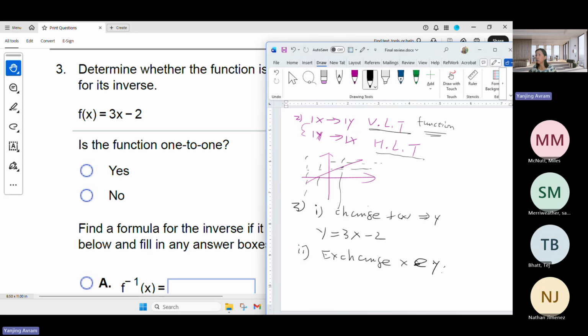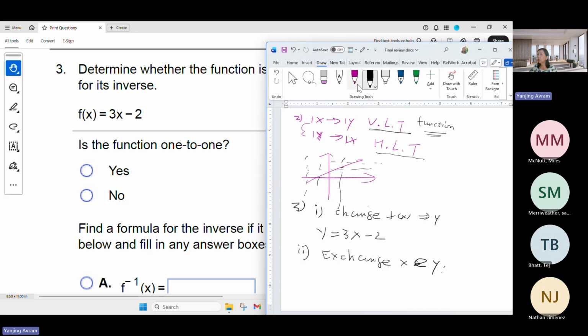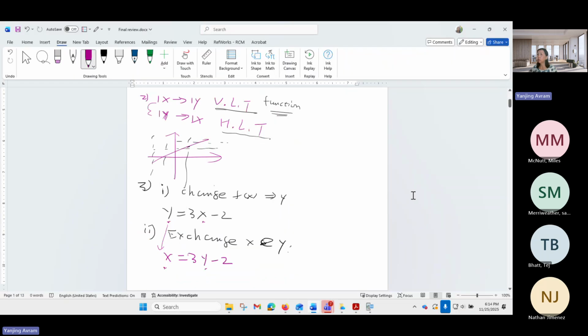What does that mean here? y becomes x, and x becomes y. The rest is the same. So that's called exchanging x and y. Look at it, this y becomes x, and x becomes y here. So that is step 2.